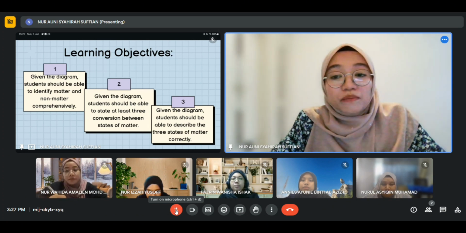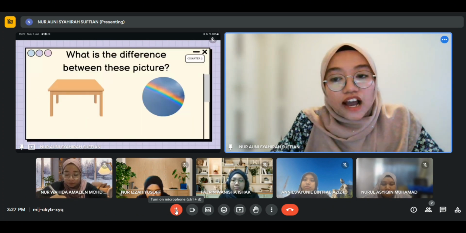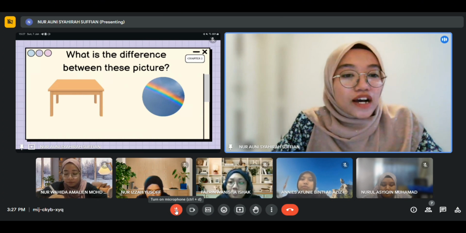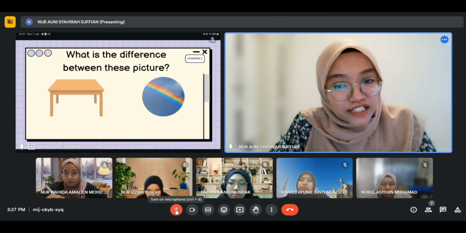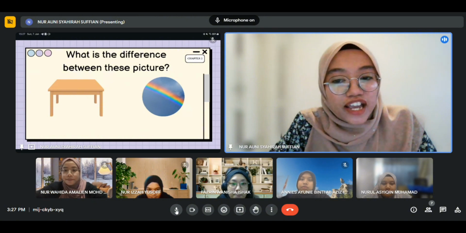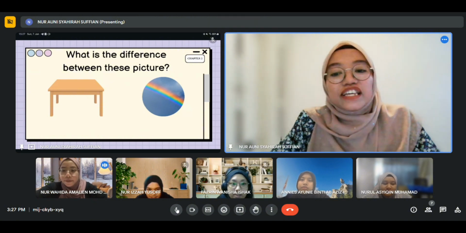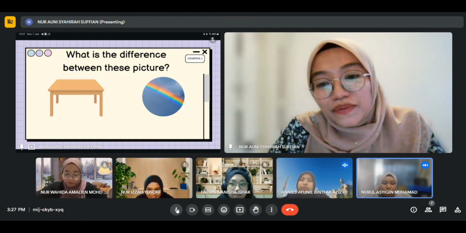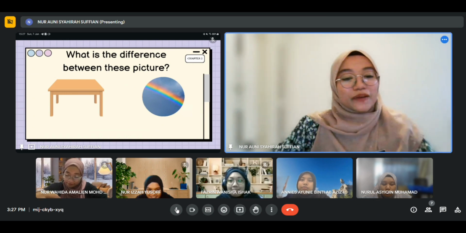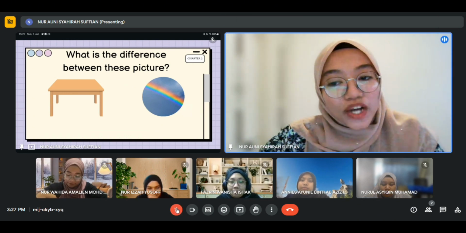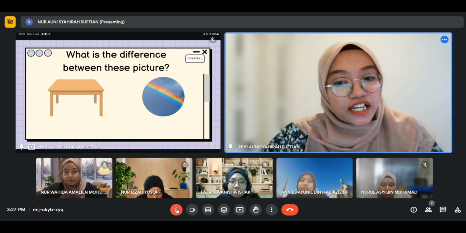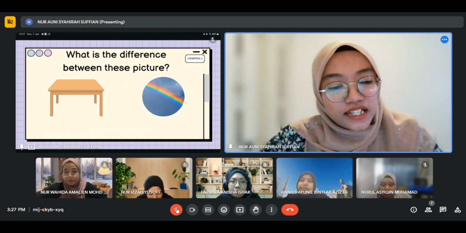Before we start our class, I want to ask you, what is the object in this picture? Anyone can answer? Rainbow. Okay, good. Based on this picture, what is the difference between these pictures? Anyone can give your opinion?